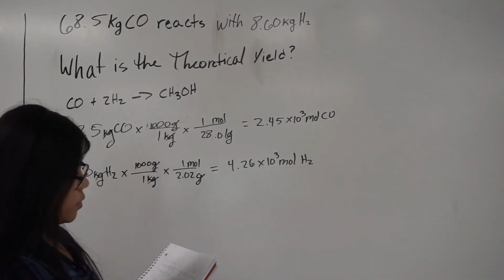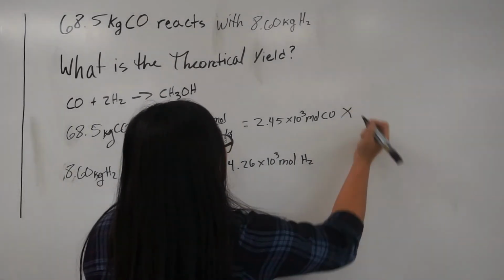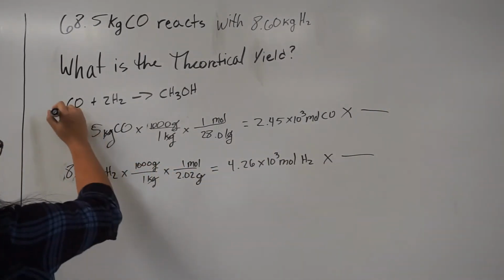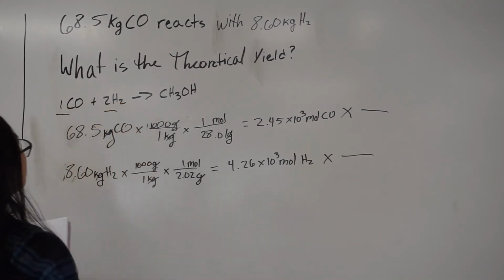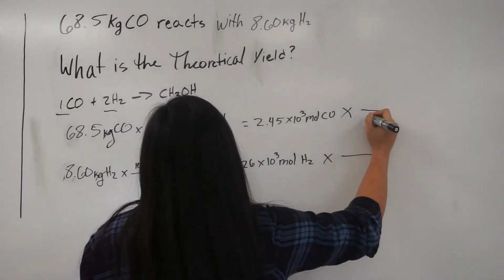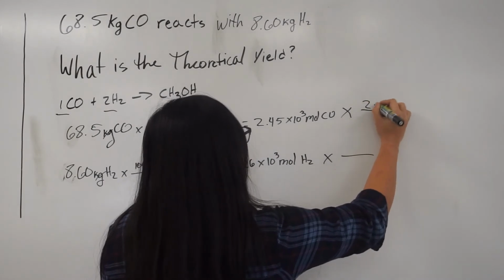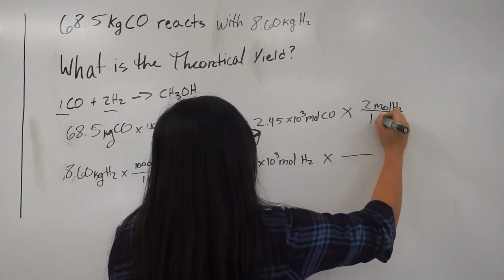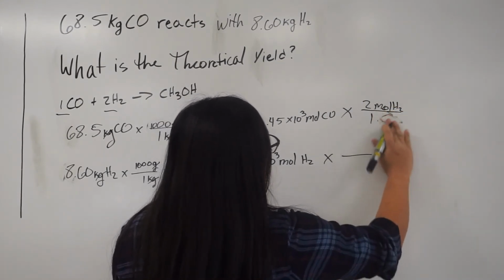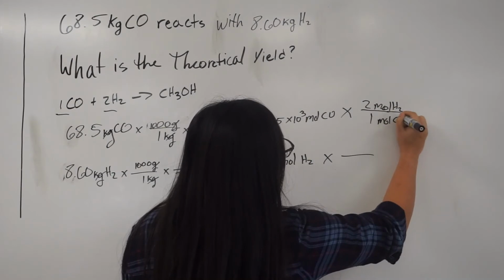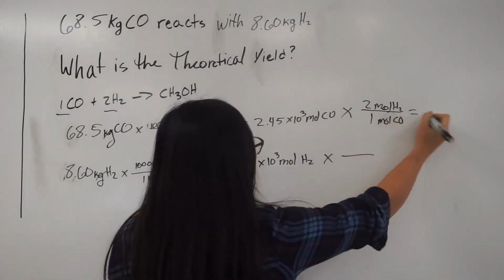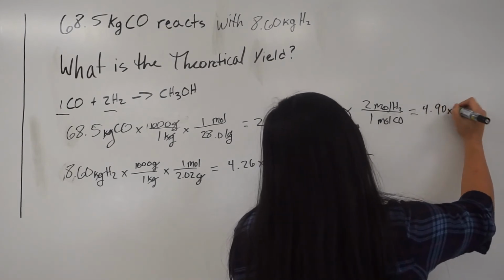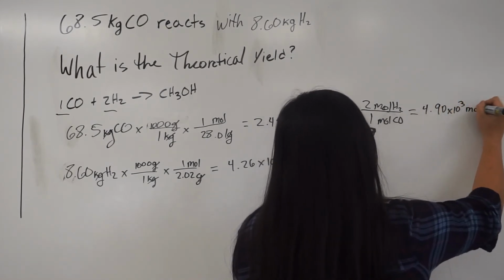So then you need to multiply by the molar ratio, which is going to be 1 here and 2 here. You're going to multiply by 2 moles of H2 divided by 1 mole of CO, and that's going to equal 4.90 times 10 raised to the third moles of H2.